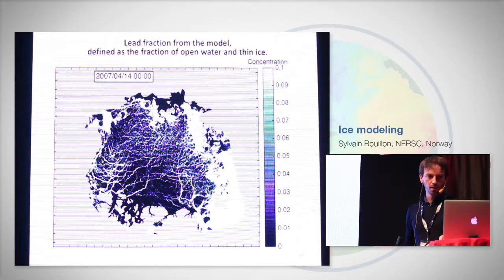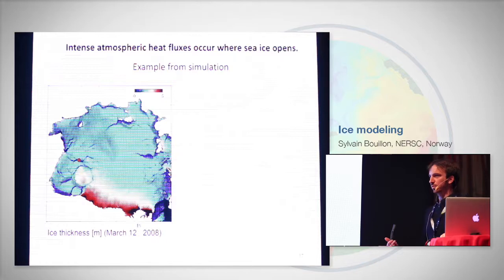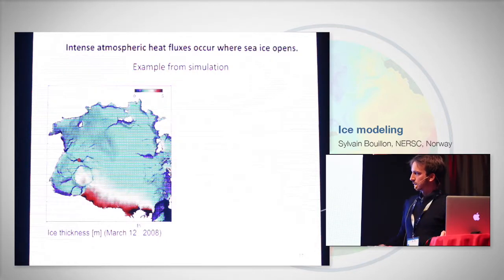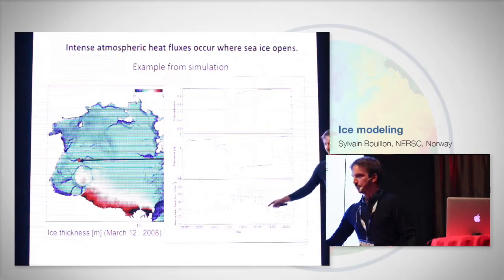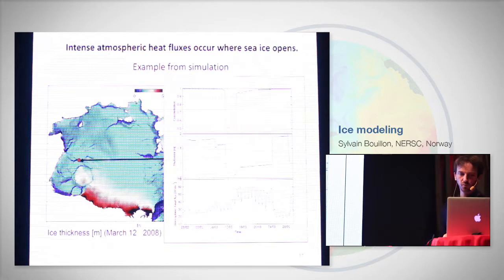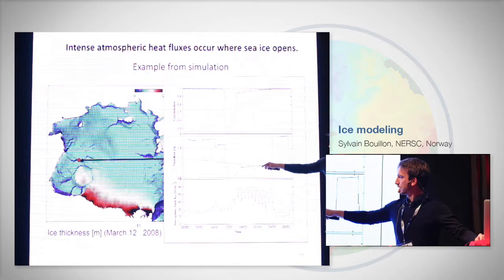and being closed either by the thermodynamics or just by the dynamical closing. So when we couple that, or when we will couple that to an atmosphere model and an ocean model, what we want to study is the impact on the heat fluxes. And this is a small example where we just compute the heat fluxes with bulk formulas. They are the simplest formulas, based on the sea ice concentration and thickness.